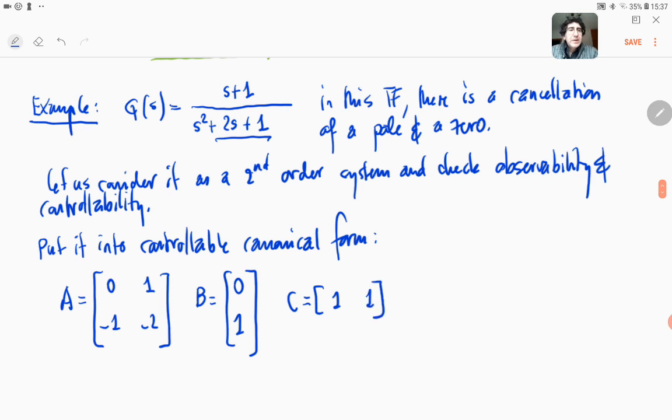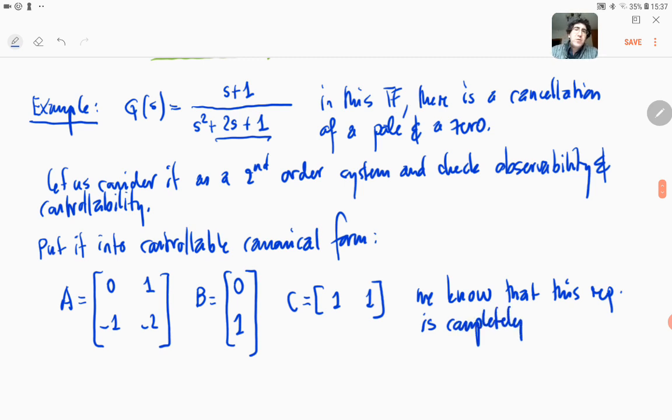Okay, now we have proven that this representation is completely controllable because it's in the controllable canonical form. Controllable.